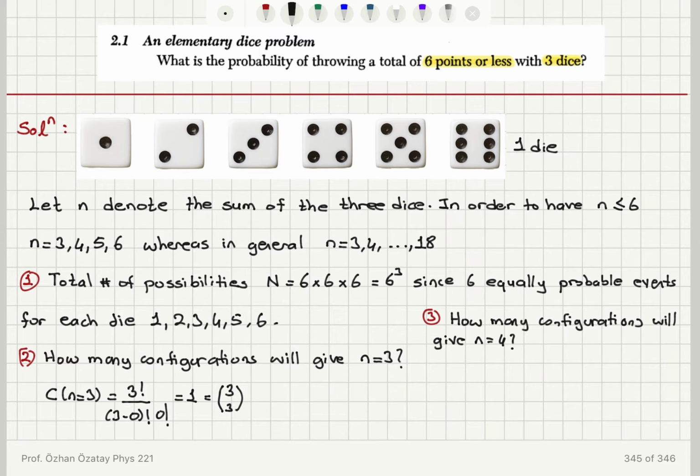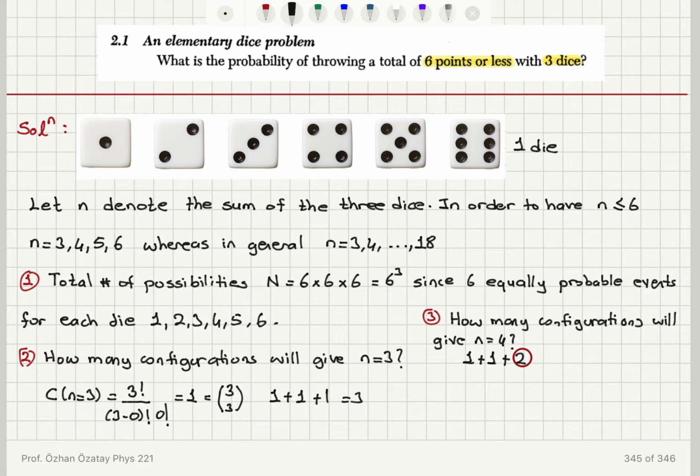So in the previous case, we had 1 plus 1 plus 1 equals 3. For n equals 4, I can have the first one is 1, the second one is 1, the third one is 2. So 1 plus 1 plus 2. So basically this 2 can be the third die, it can be the second die, it can be the first die.